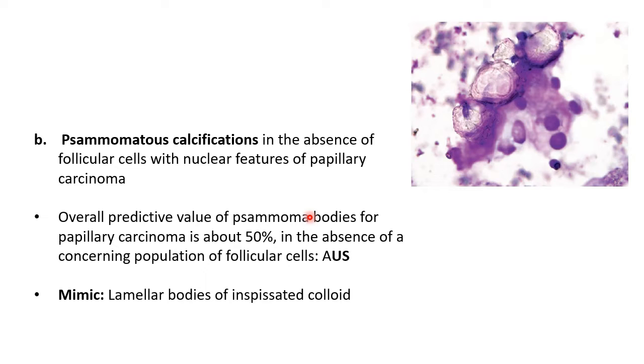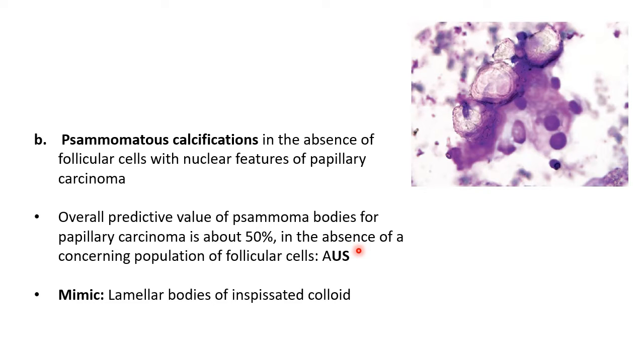Then another scenario in the category of atypia NOS is the presence of psammomatous calcifications. So these psammomatous calcifications, if they are present in the absence of follicular cells with nuclear features of papillary carcinoma, only the psammoma bodies are present and the nuclear features of papillary carcinoma are not present in the follicular epithelial cells, then the category of AUS NOS should be given, because the overall predictive value of psammoma bodies for papillary carcinoma is about 50%.